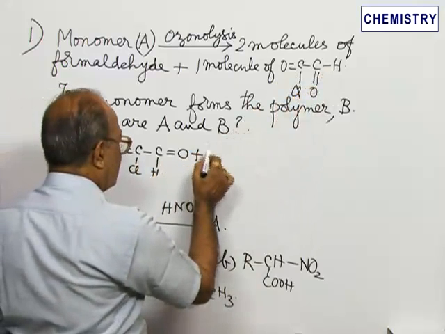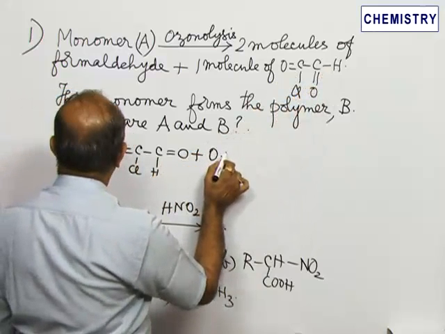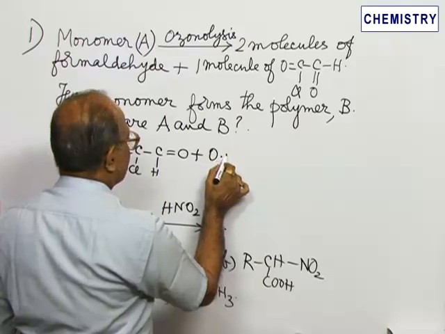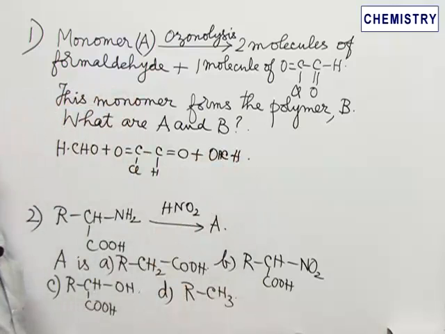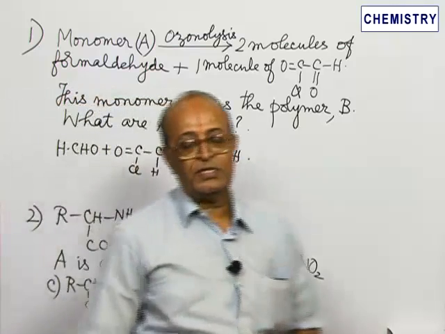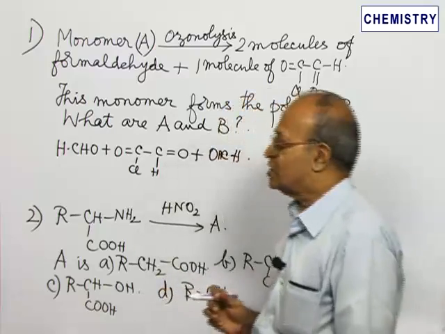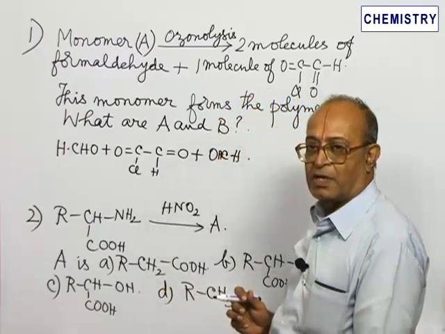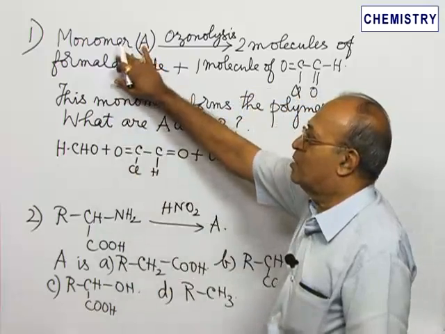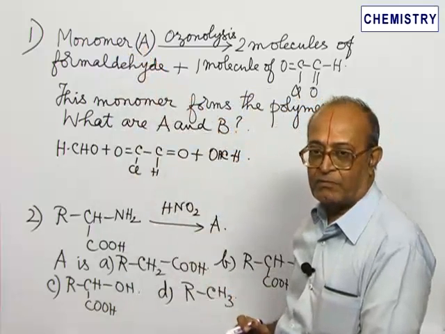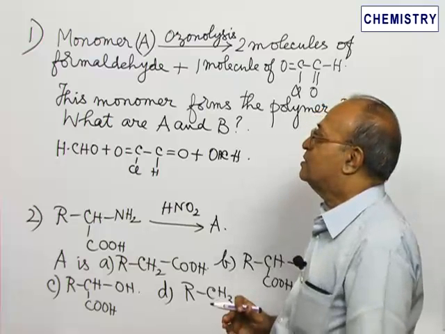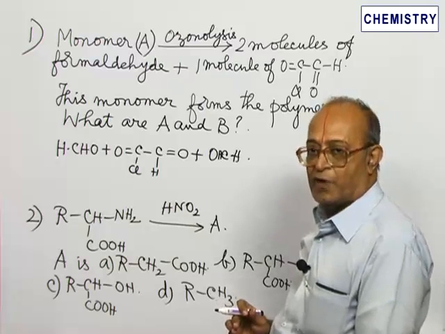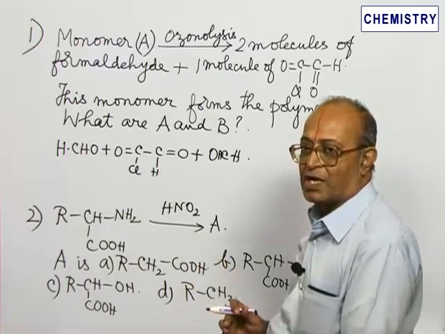A second molecule HCHO. Now, from the products of ozonolysis, it is possible for us to arrive at the nature of the original compound. Here it is A. It is quite simple to arrive at the original compound from the products of ozonolysis.